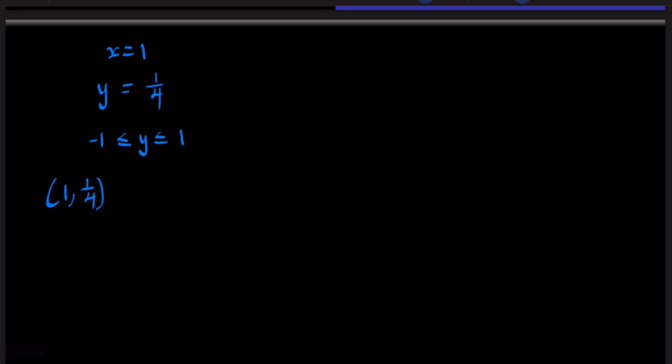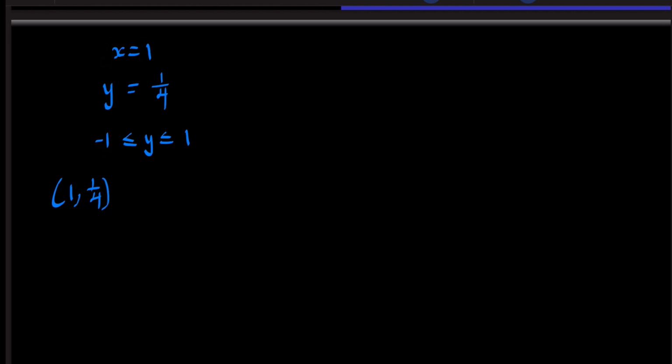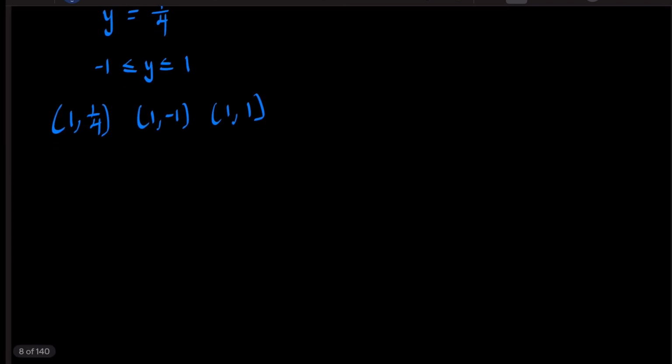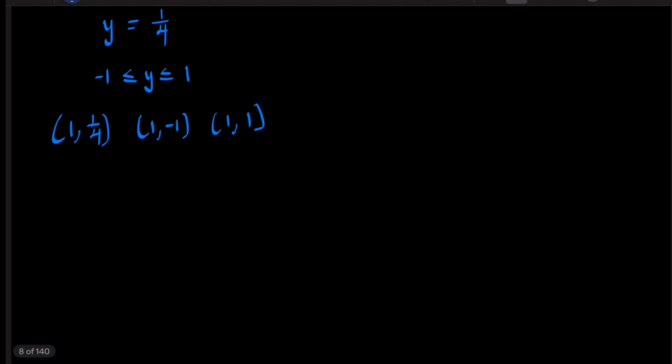Then at the endpoints we have y to be -1 and x to be 1, and y is equal to 1 and x is equal to 1. So you have the points (1, -1), then (1, 1). So we now compute the function values of these points.